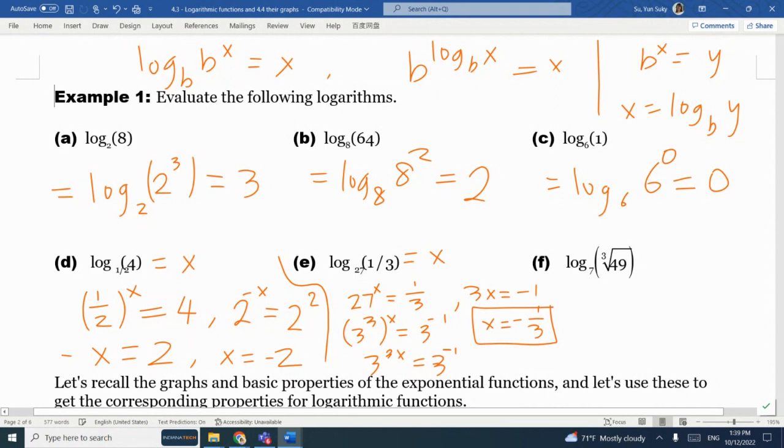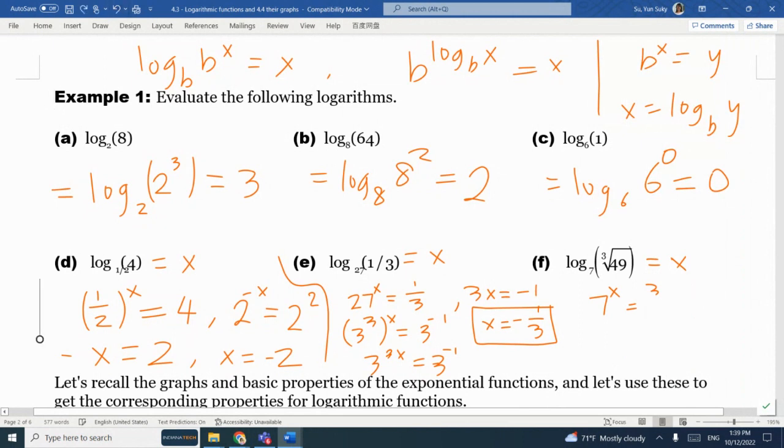All right. Next one. We set this equal to x. And then what happened? Okay. What's the base? 7 to the x equals the cube root of 49. What is 49? 7 squared. Exactly.